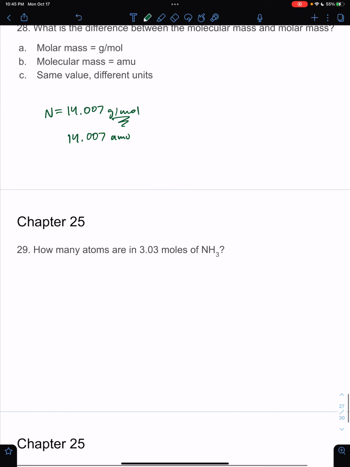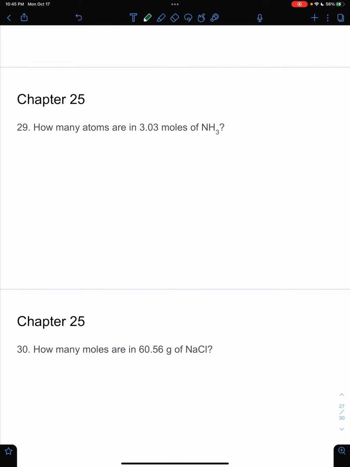Okay. Number 29 says, determine how many atoms are in a given number of moles. So this one we have to use the relationship of Avogadro's number, which is 6.022 times 10 to the 23rd atoms per mole. Okay, so we're going to start with what we're given.